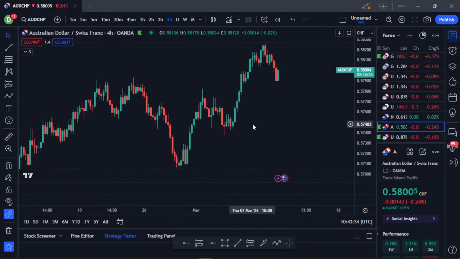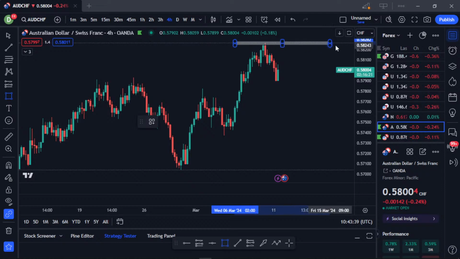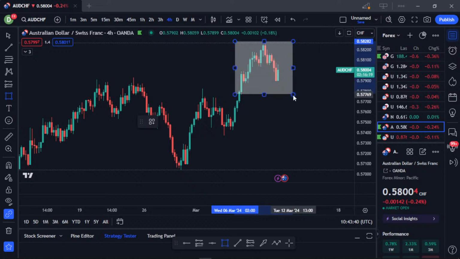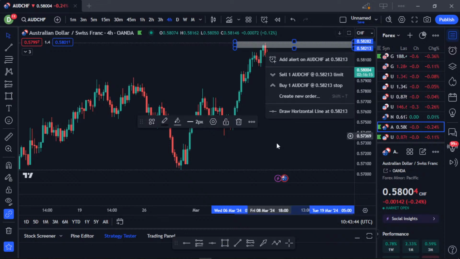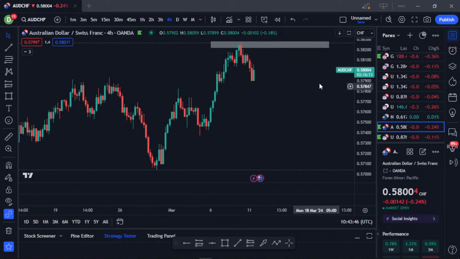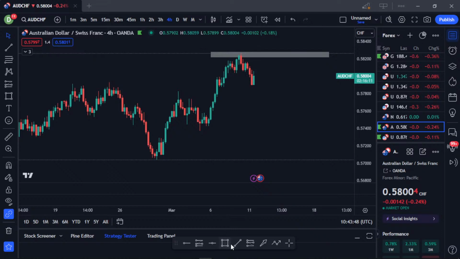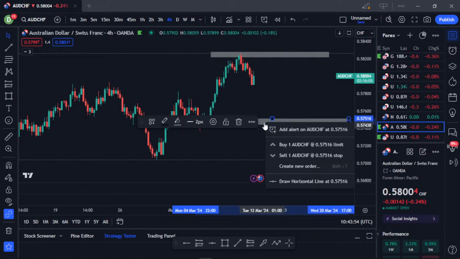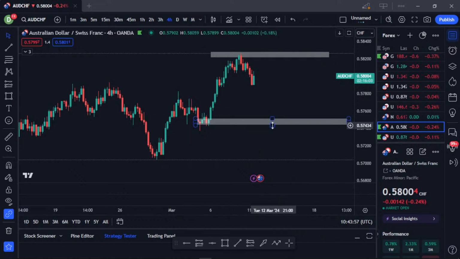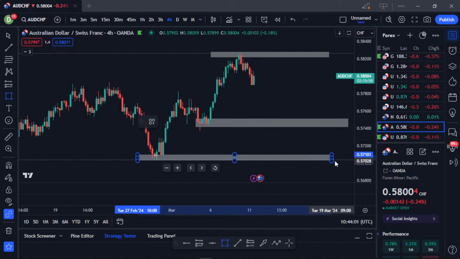So from here as well, I'm going to get my highest point in the market. And then I'm going to consider this point as well. And then I'm also going to consider this point.